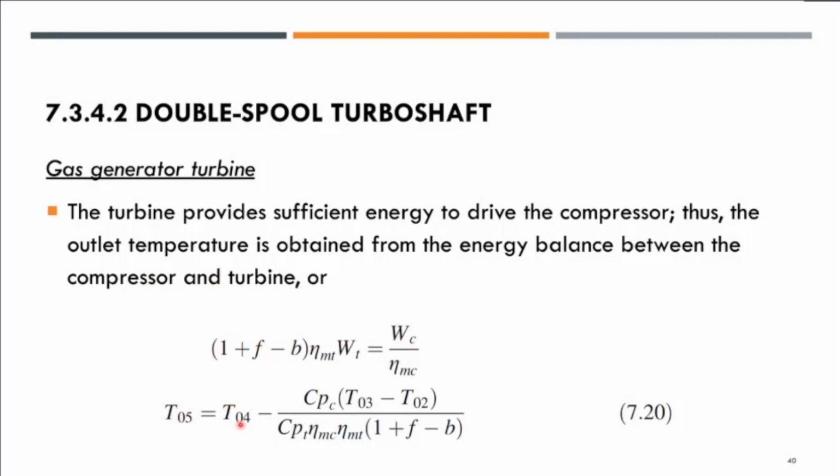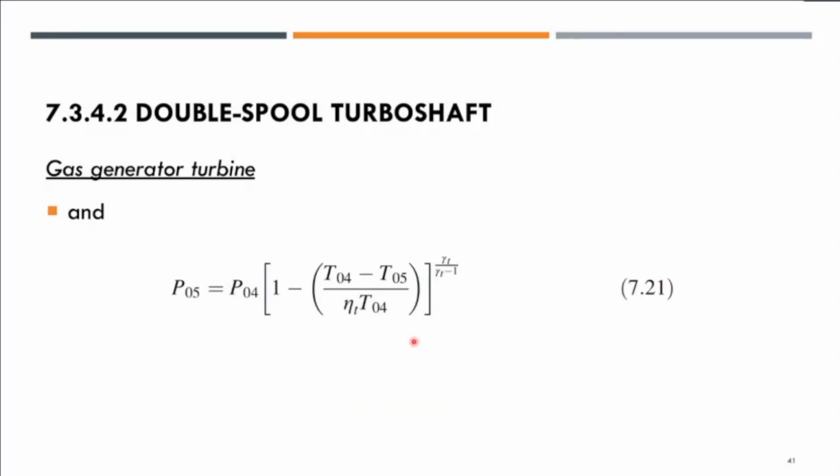So you have T05 equal to T04 minus the term from equation 7.20, right? You will then get the T05 value. And with regard to the pressure, you can then get P05 to be equivalent to this expression, where the efficiency of the turbine is included over there.